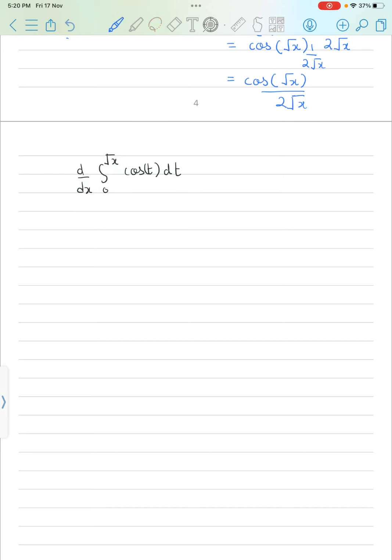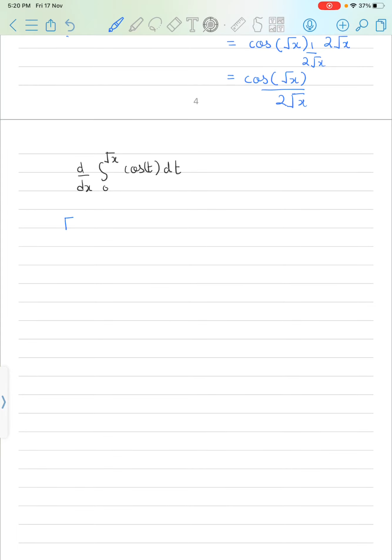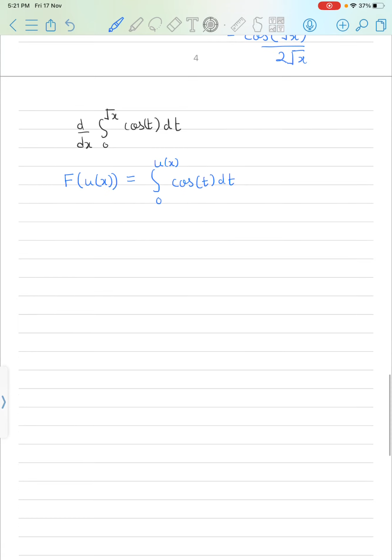Let me write, I am defining f of u of x as the integral from 0 to u of x of cos t dt, and u of x is my root x.